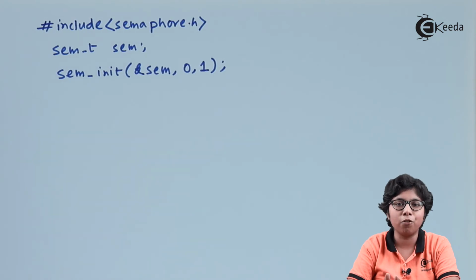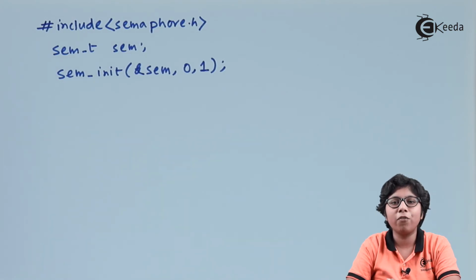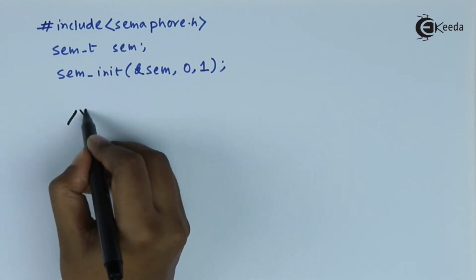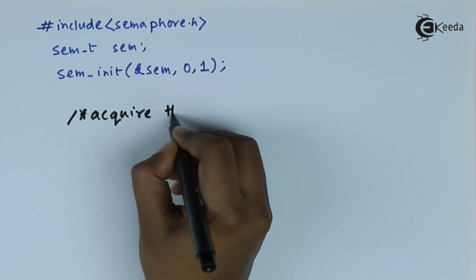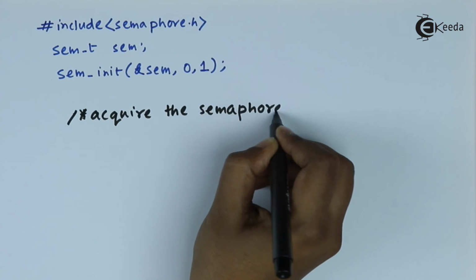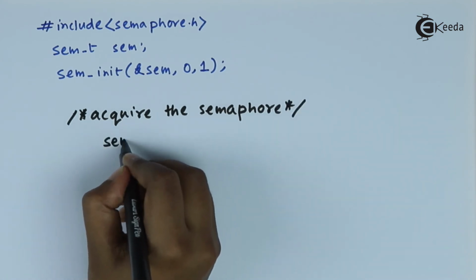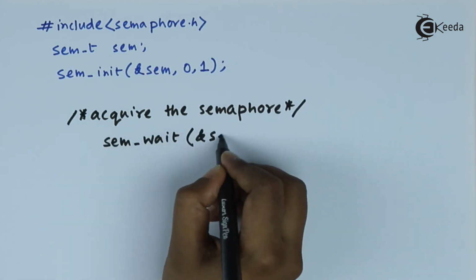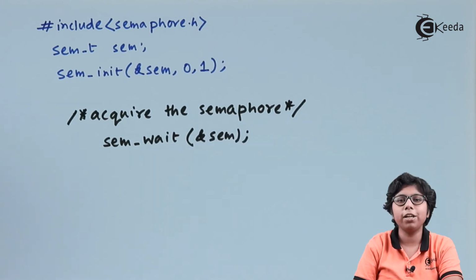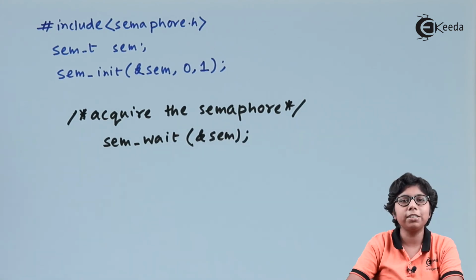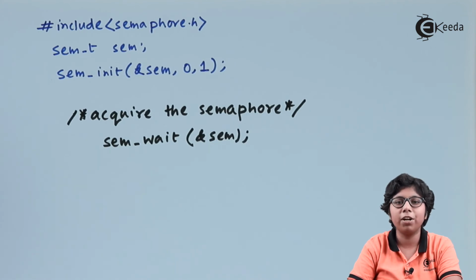Now, along with the classical semaphore wait and signal description, here we call them the sem_wait and sem_post functions. Now we will describe how a semaphore can be implemented using these two functions. By invoking the sem_wait function with a pointer to the semaphore variable sem, we are acquiring the semaphore in the entry section.